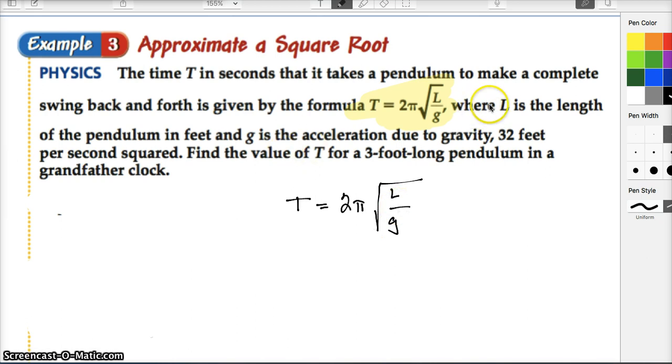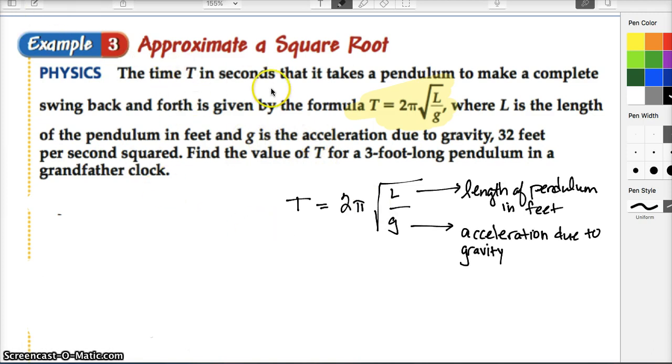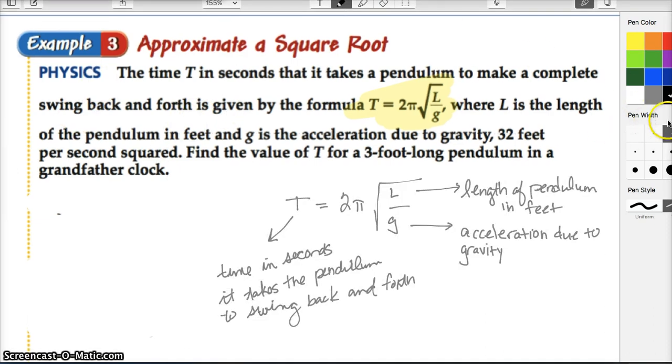So they told me right now where L is the length of the pendulum in feet, and G is the acceleration due to gravity. And as I search around, I see T was given to us in the beginning: the time T in seconds it takes the pendulum to swing back and forth. All right. So now that I have this information, I can write over top of these things.